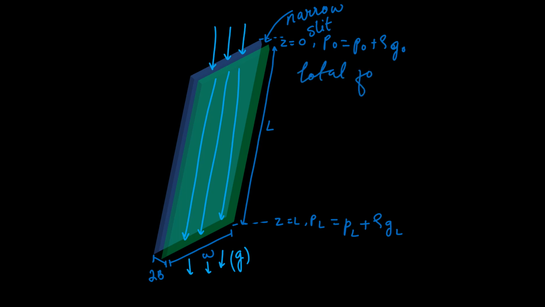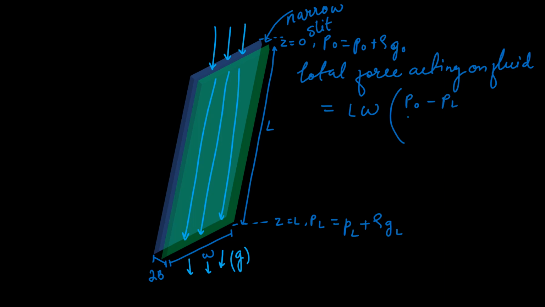So the total force acting on the fluid is equal to length into width of the plate, times P naught minus PL per unit length, right?